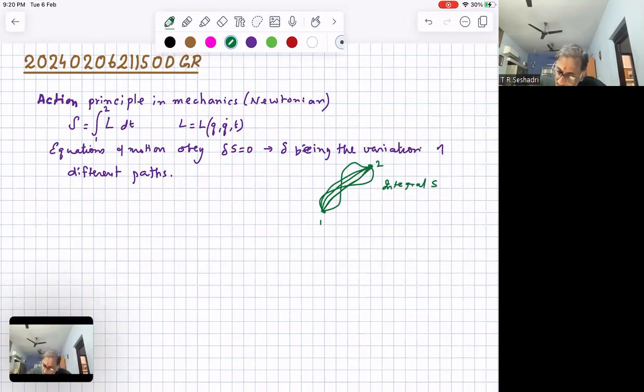And particles follow that path for which S is equal to extremum.